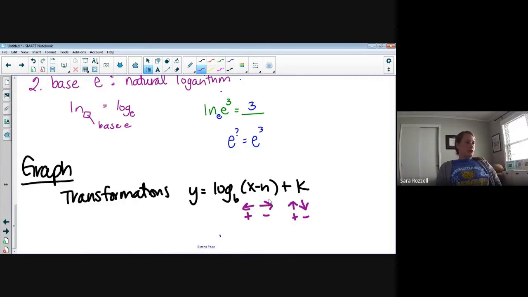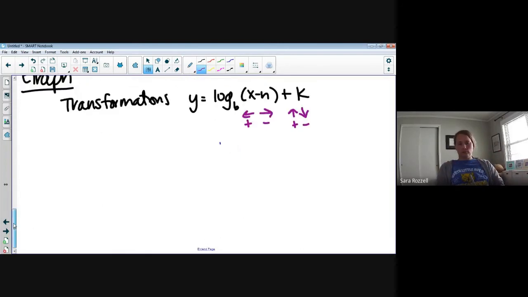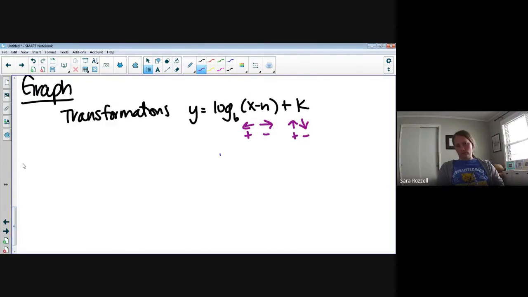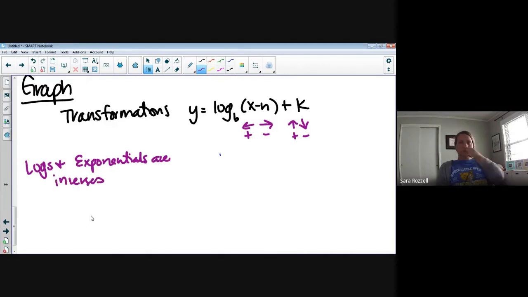Now what we're going to do is graph an exponential first and then do the inverse, because exponential and log functions are inverses, because we essentially switch our x and our y and one becomes the other. That's what we're doing when we're changing all of our stuff around. So for us to graph log, we're going to do log base 2 of x.